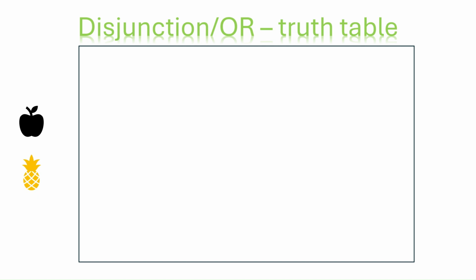Okay, so now we're dealing with our disjunction, which is your or truth table. Okay, so how do we do this? So firstly, draw up our table. P, Q, P, and notice it's a V. This V is when you're dealing with your disjunction table, which is or, all right?